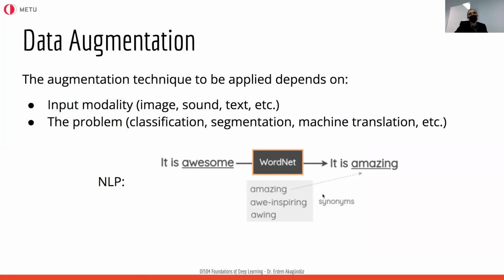You can change them and create these synthetic sentences. Instead of it's awesome, you can say it's amazing. And if you have a data set which translates from English to French, for example, you can create another sample from it's amazing to the same French sentence. So that will be data augmentation.